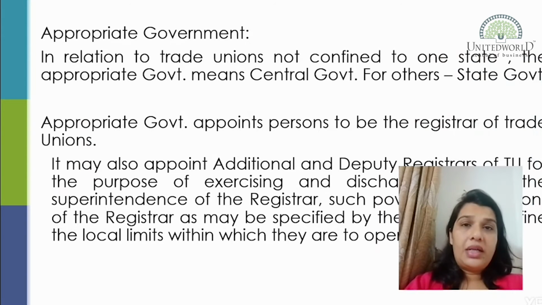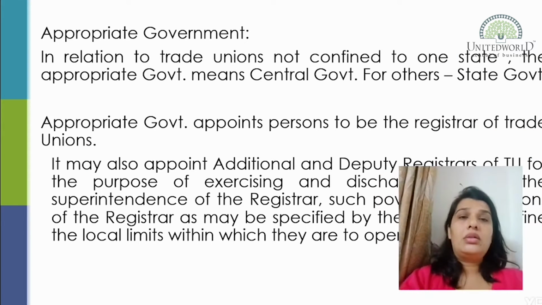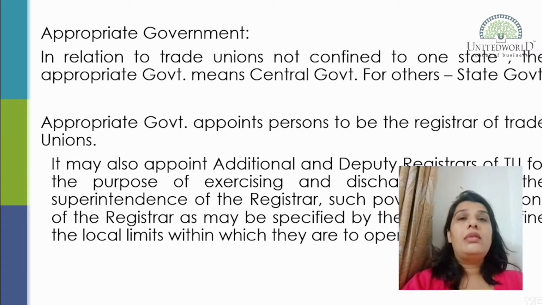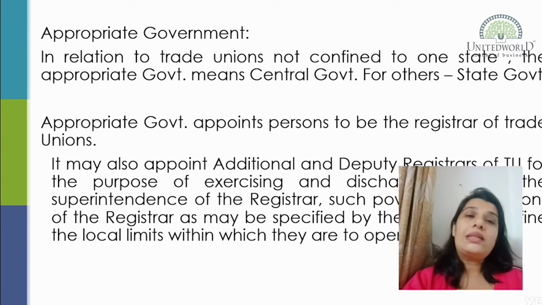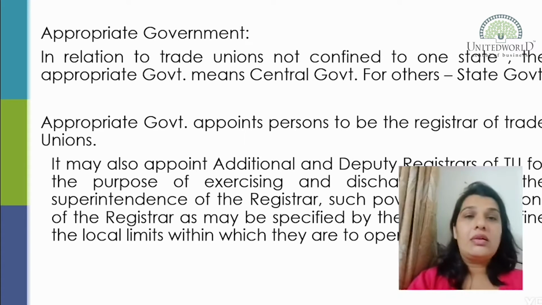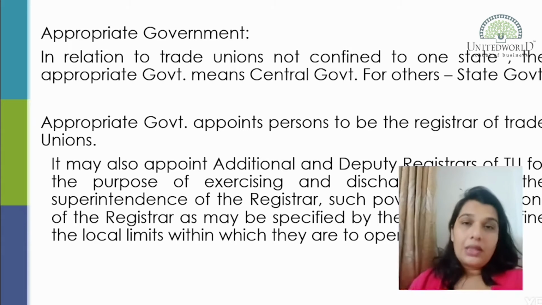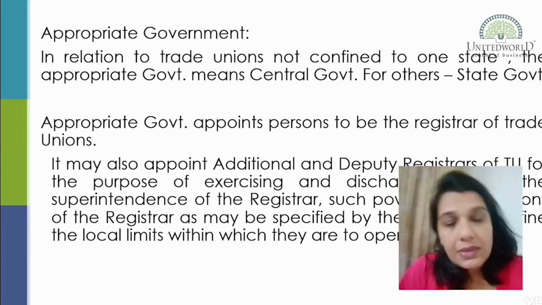Next is the appropriate government. In relation to trade unions not confined to one state, the appropriate government means the central government. For others, it is the state government that is authorized to deal with the trade unions.